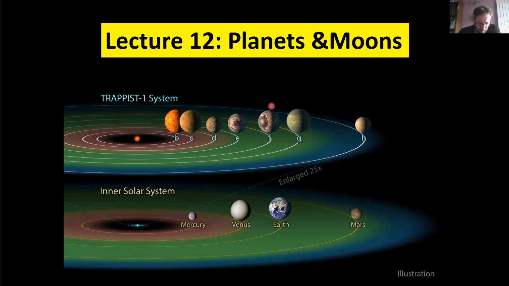Okay, but now if we look at the sizes, the TRAPPIST system is in comparison to our solar system relatively small. It's a red dwarf, that means its gravity is very weak. Everything that was a bit further out has probably escaped. Then of course it's a red dwarf.